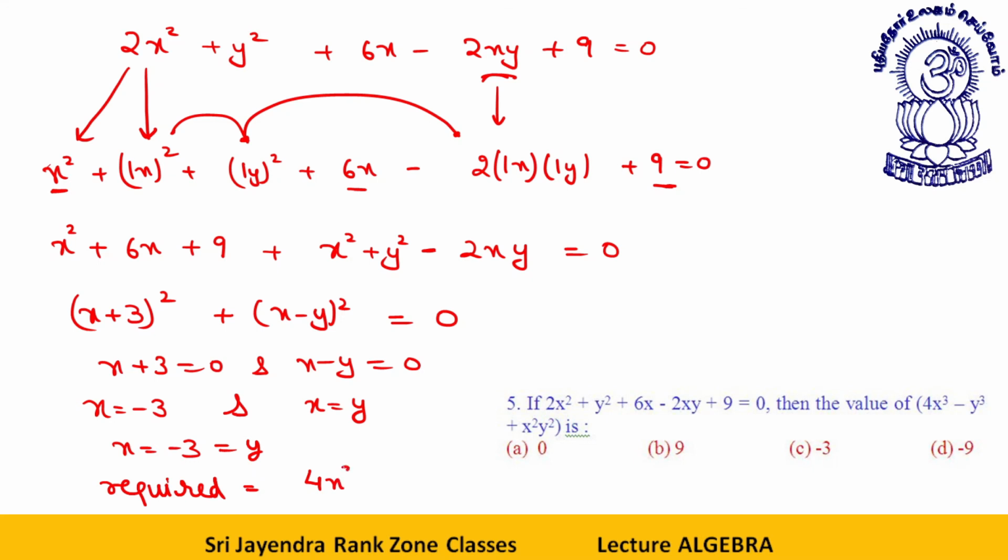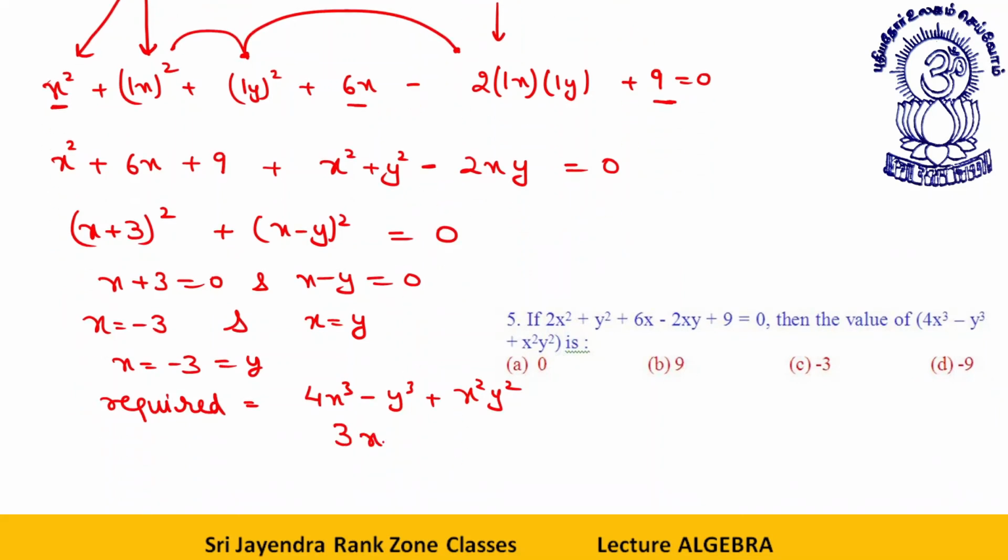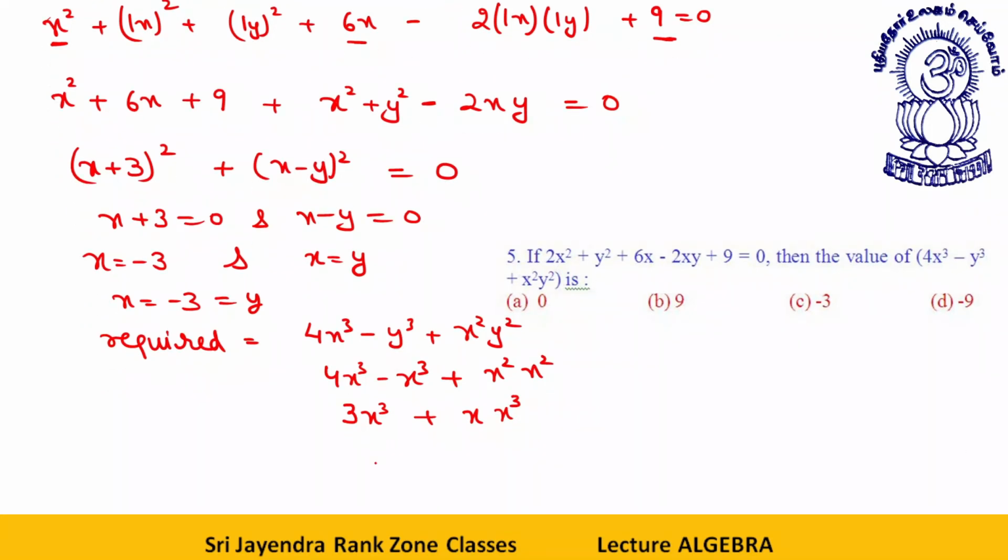Required is 4x cube minus y cube plus x square y square, or I can say 4x cube minus x cube plus x square, that is 3x cube plus x raised to power 4, or I can say x into x cube. 3x cube plus x into x cube, where the value of x is minus 3, so this will come out to be 0. This is your answer.